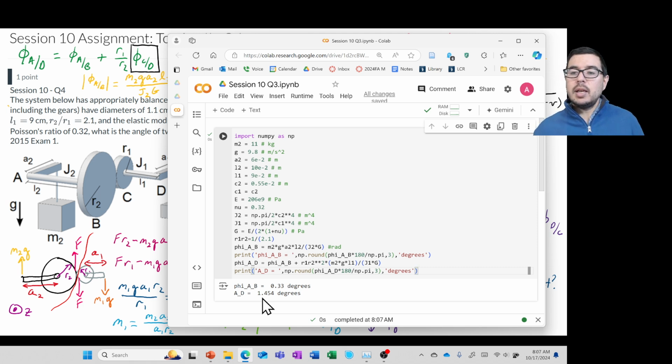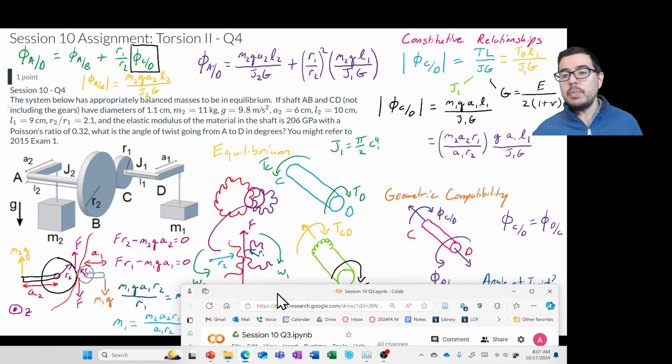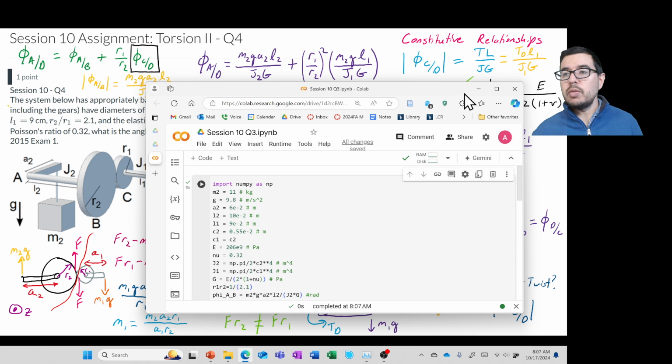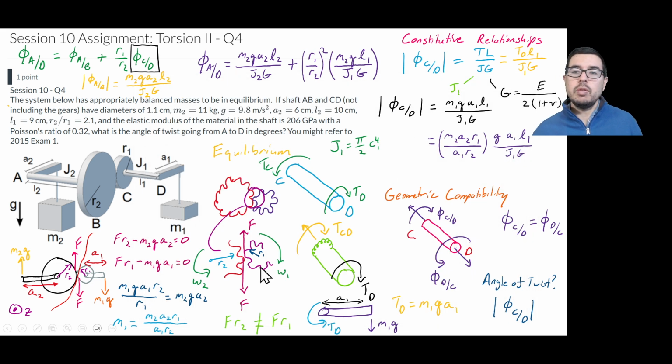Some of the principles that we covered here are an introduction or maybe a revisiting of what happens for the conservation of force between gears, what happens for the conservation of geometry or geometric compatibility between gears, and then relating the angles of twist that we have in these shafts to each other and coming up with an overall angle of twist.